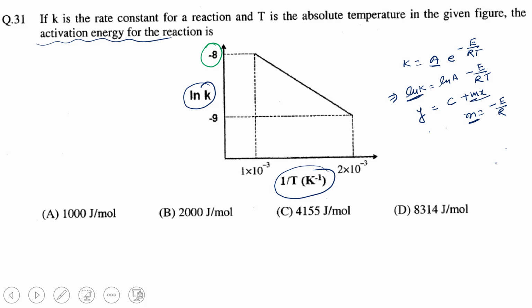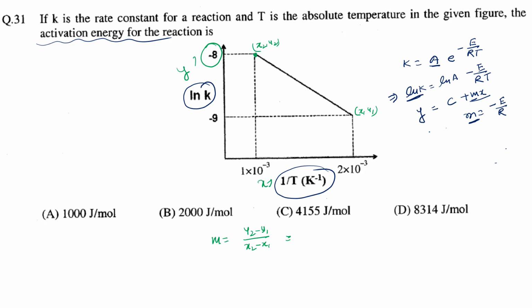Now let us find the slope. How do we find it? Slope is y2 minus y1 by x2 minus x1. Let us consider this x2, y2 and here x1, y1. So this is your y-axis and this is your x-axis.